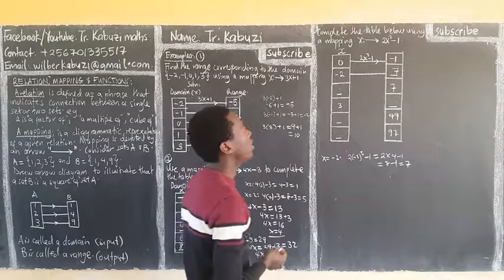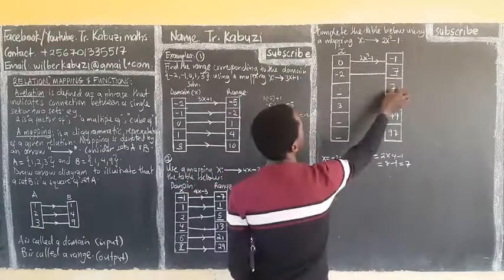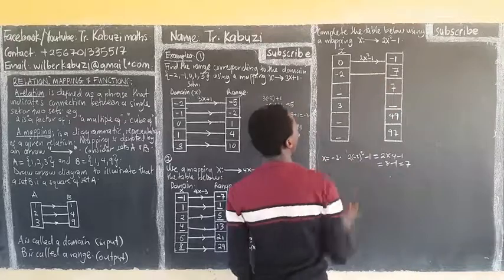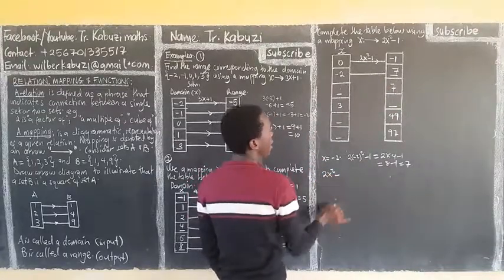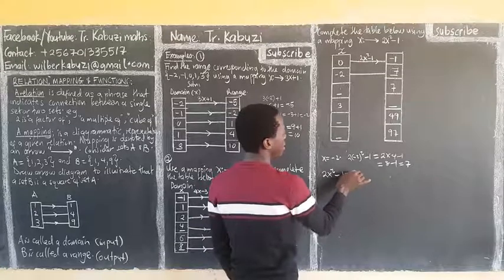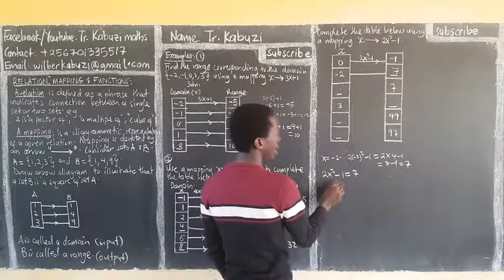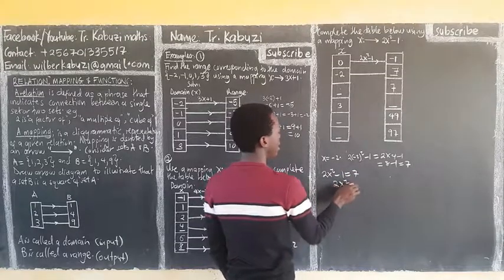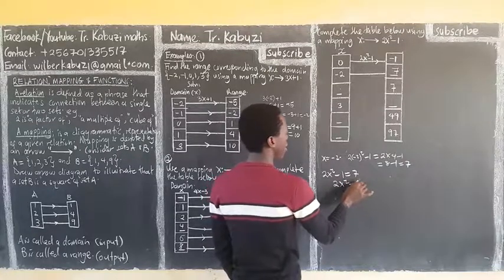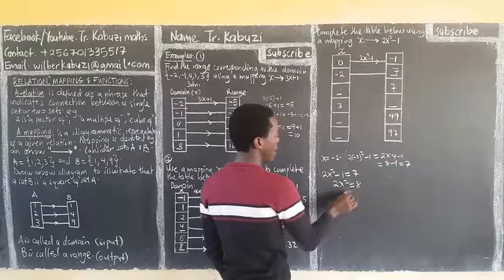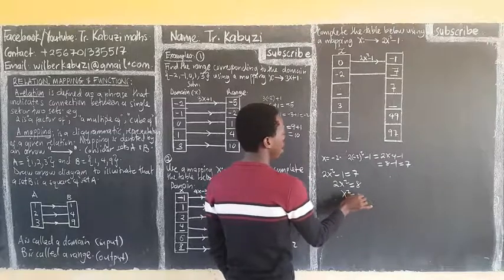So now they are giving us this value. Whenever they give us this value, we just equate that. So if I equate that, I'll be having 2x squared minus 1 equaling 7. Take this side, I'll be having 2x squared equaling 2 plus 6, it will be positive, so I'll be having now 8. So divide through by 2, you have 4.